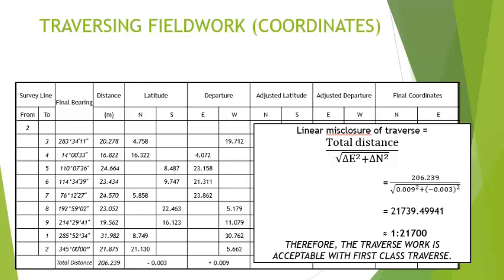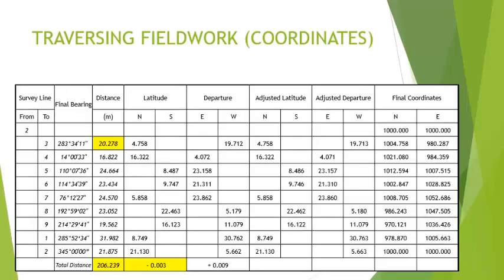So there is 1 millimeter of error for every 21,700 millimeters of traversing, or 1 millimeter error for every 21.7 meters. Okay, only 1 millimeter error. So this is what this value means. Alright, next slide.